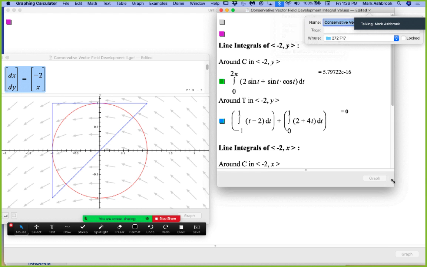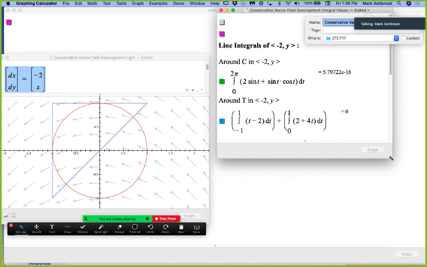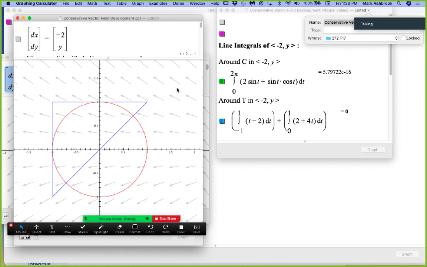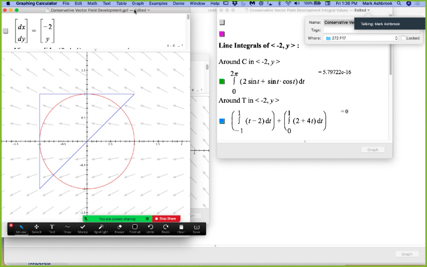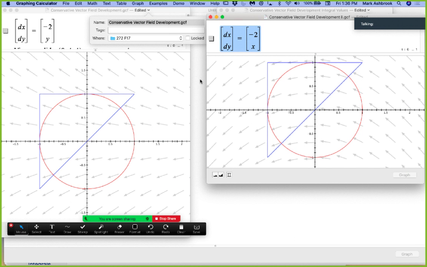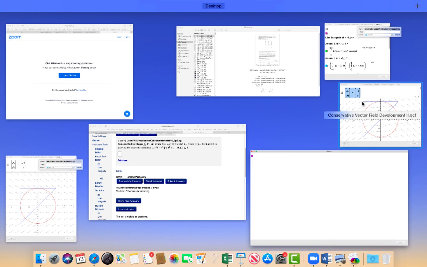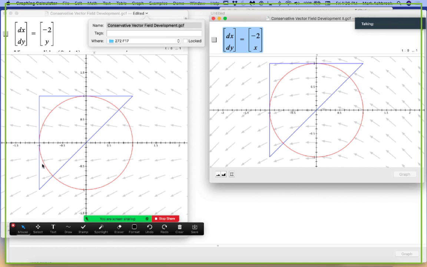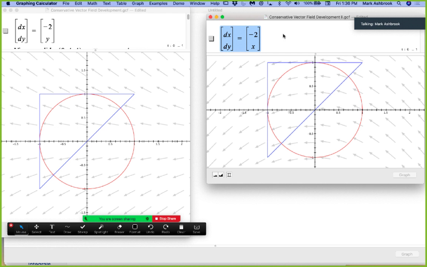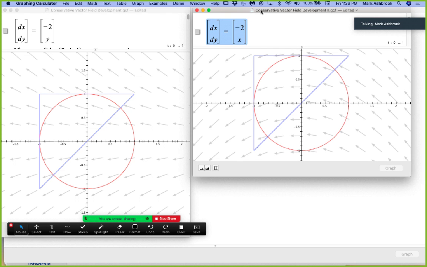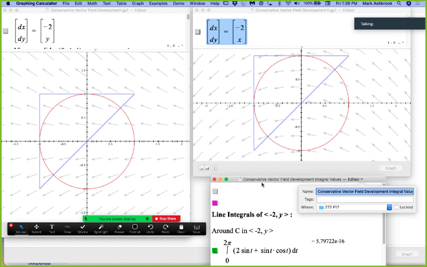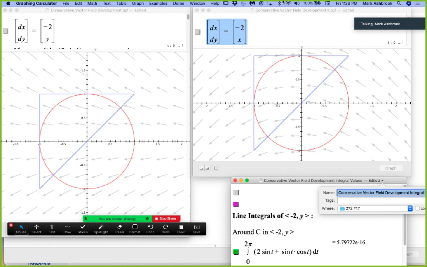So in the first vector field, let's show both of them here.